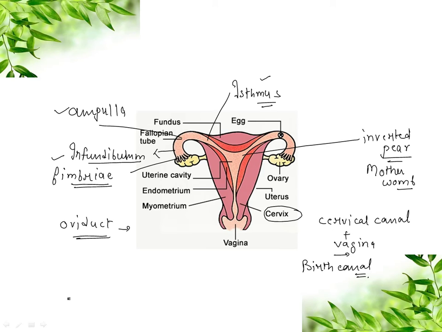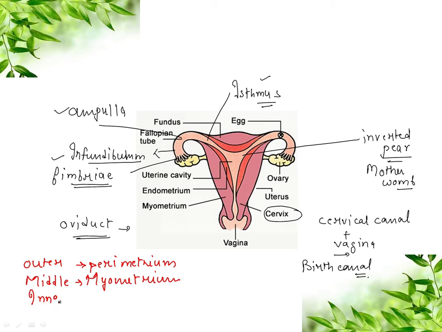You know, the wall of the uterus is made up of three layers: outer perimetrium, middle myometrium, and inner endometrium.